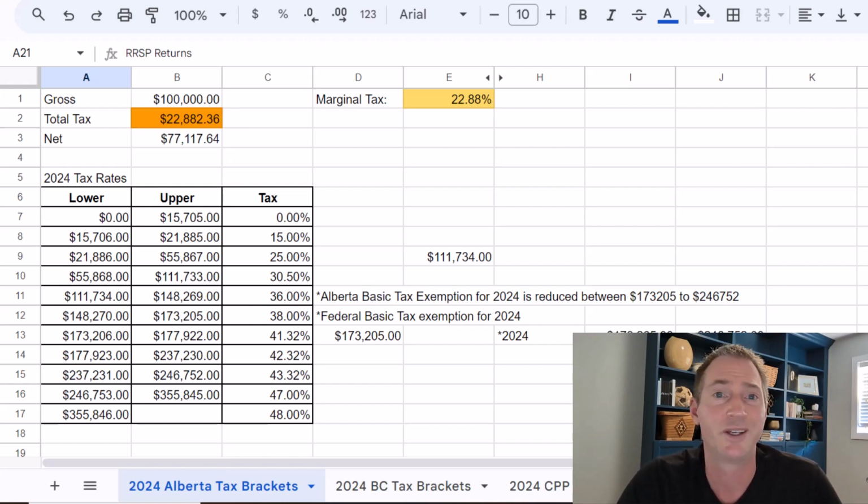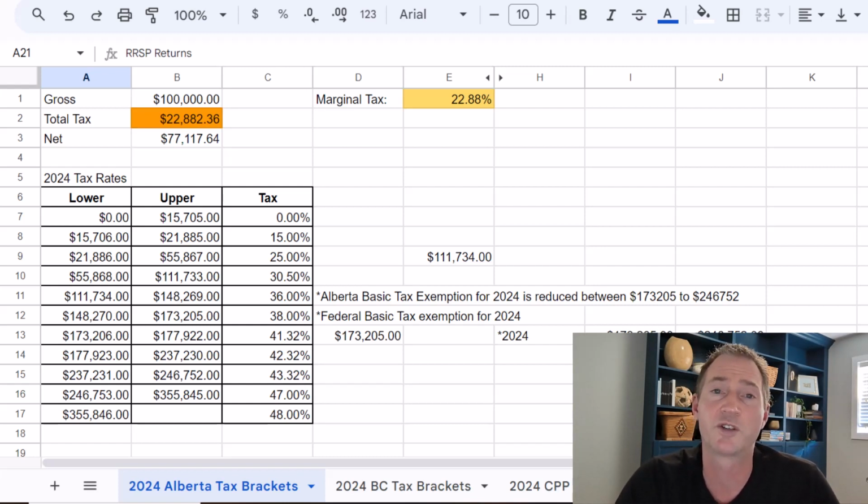So you contribute, let's say again $10,000 when you are 18 and you're in the low tax bracket, you can say, I don't want to claim it, I don't want to claim it, I don't want to claim it. And then when you are now making big dollars when you graduate from university and you're making $100,000, you can say, yep, I want to claim it. And then you get the 30.5% tax back rather than the 0 or 15% tax back.